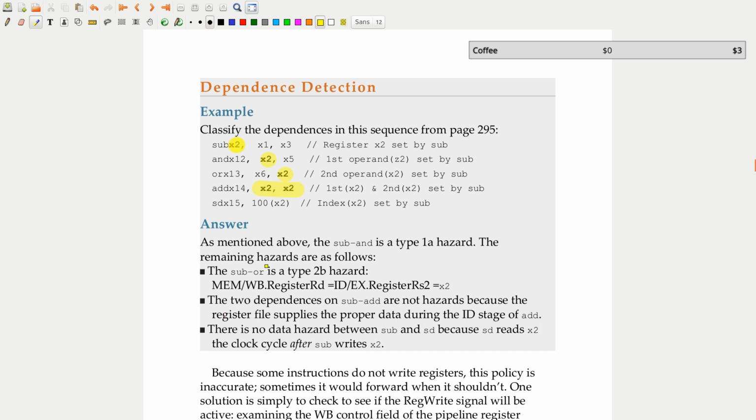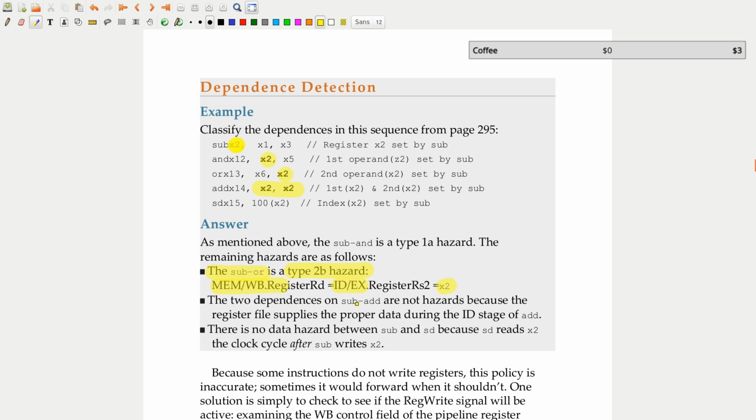And that's what it says here. So this sub OR is a type 2B hazard. So this means that the mem write back must be set equal to this decode execute register, which is X2. So we need to forward this value of X2 that we get from the subtraction.